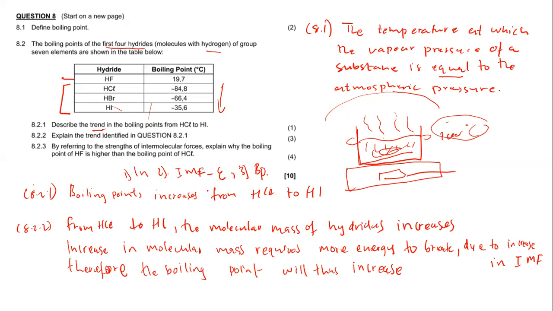These are the most important things you need to talk about when you are explaining the trend of the boiling point of your molecules. I hope that was clear. It does not matter how you explain it, but these are the keys that you need.